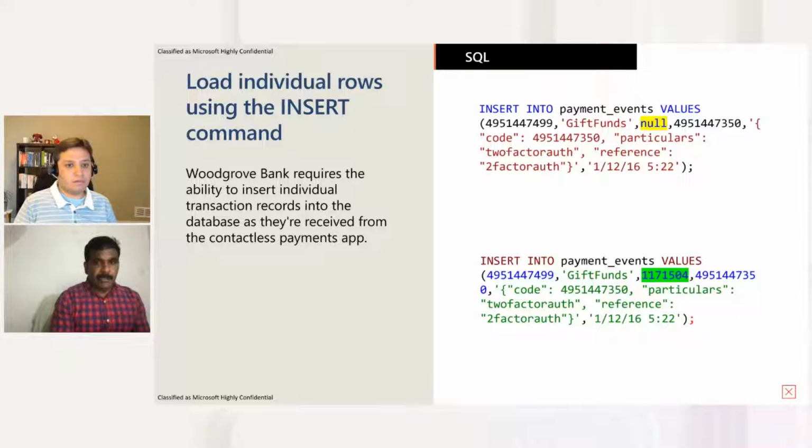We have created two tables, one is the payment events and the other is the payment users. The payment users table has four columns, and the payment events table contains six columns, and the primary key would be event ID and user IDs. So the insert command is loading one set of values.